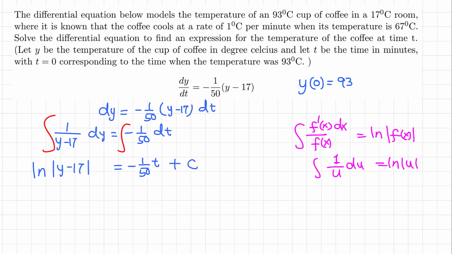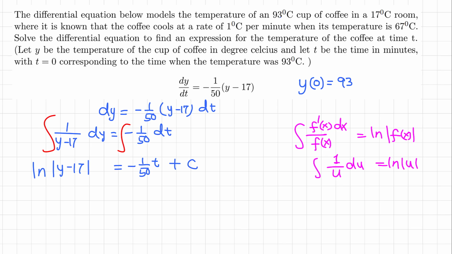But if we look carefully, y is the temperature of the cup of coffee. That was initially 93 and it's sitting in the room, so it's cooling down. It might get to 17 degrees if we let it sit there forever. That means this temperature is always bigger than 17.